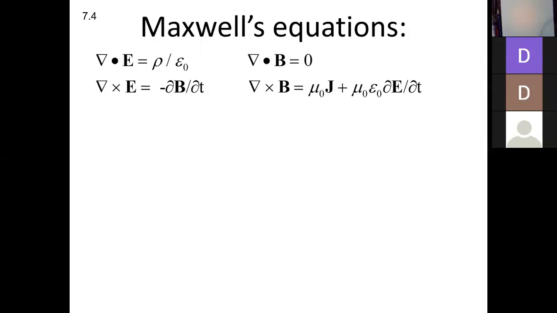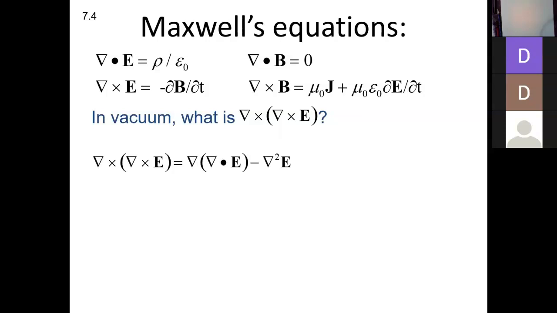So if we're in a vacuum, what's going to happen? Well, if I take the curl of E, I should get this. And then I can make a substitution that the curl of E is negative dB dt.